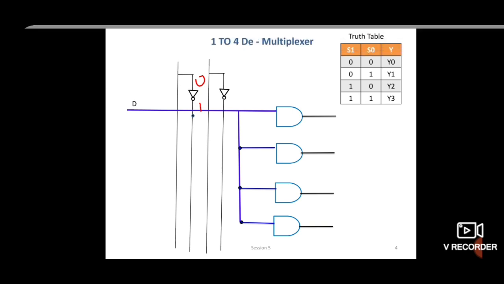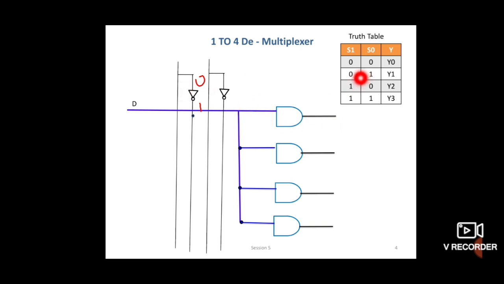So if the select line is 0, then the 0 input passes through the NOT gate, because after the NOT gate it becomes 1. If 1 is passed, then this AND gate is enabled. Understood, student? That is why 0 passes through this NOT gate, because the AND gate is enabled.